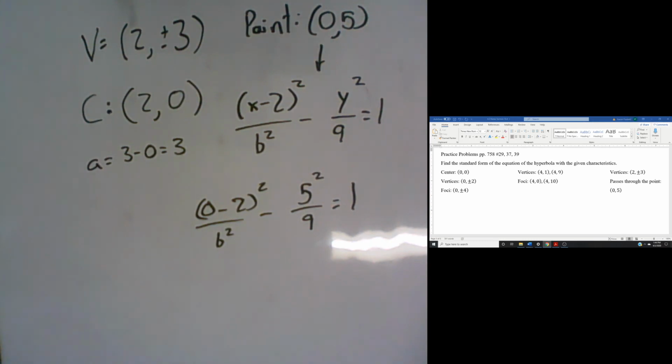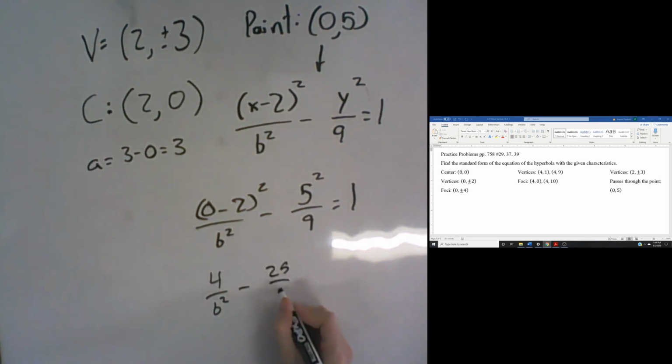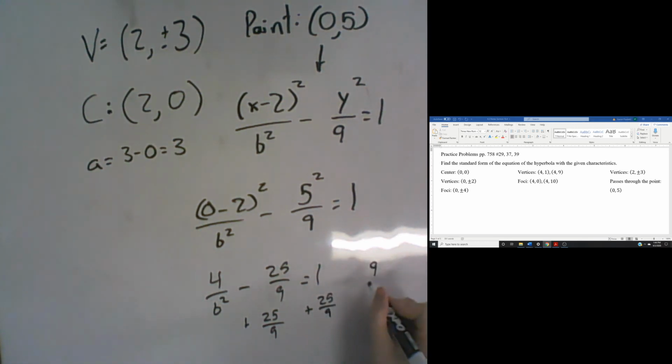Okay. Sorry. I'm going to keep working on this one. So I get 4 over b squared minus 25 over 9 equals 1. Then 25 over 9 goes to this side: 9 over 9 plus 25 over 9.